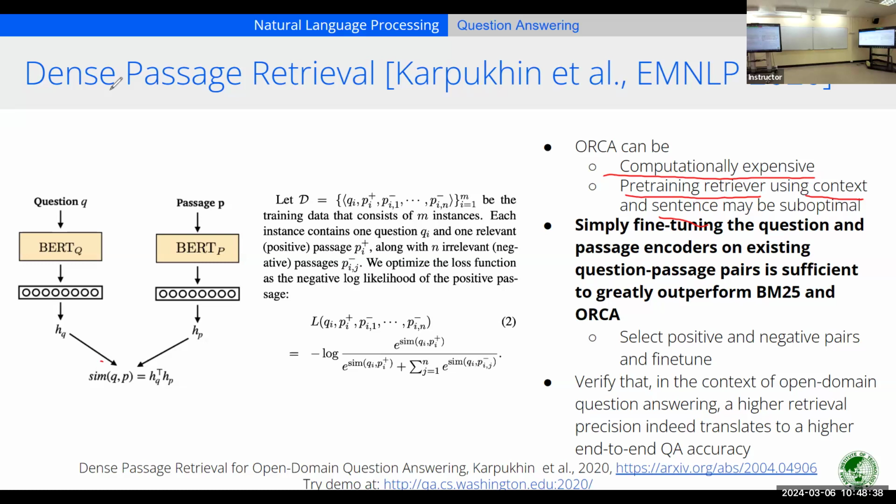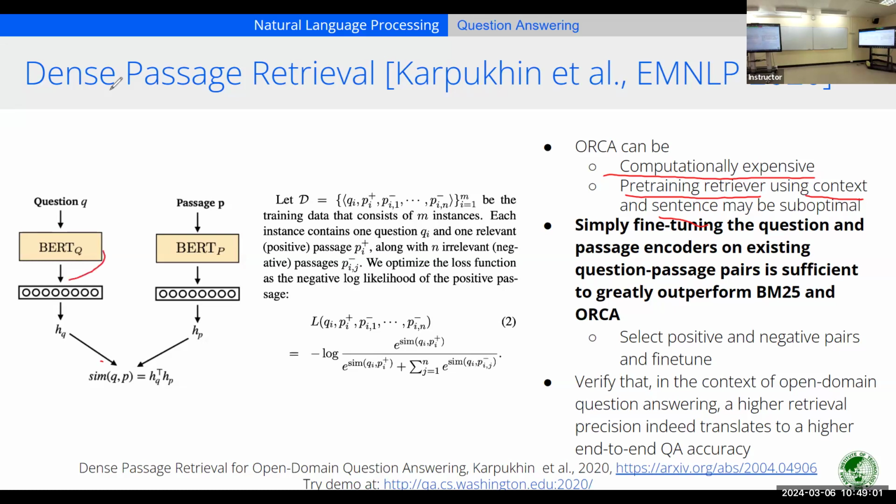He said you don't need to pre-train to create a retriever, just simply fine-tune. You understand the difference? The previous paper said they need to pre-train, right? This one said no need, just fine-tune with only a few pairs. Finish.